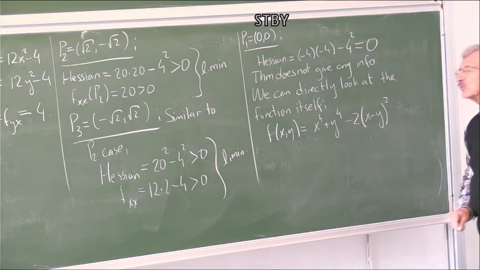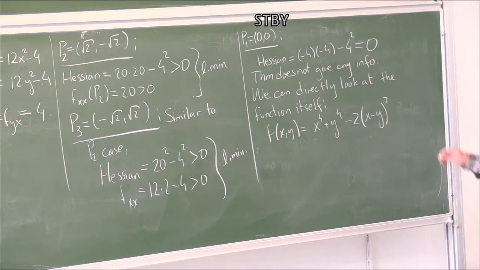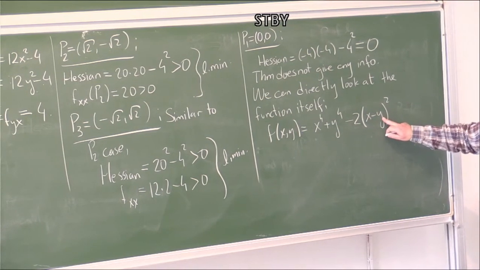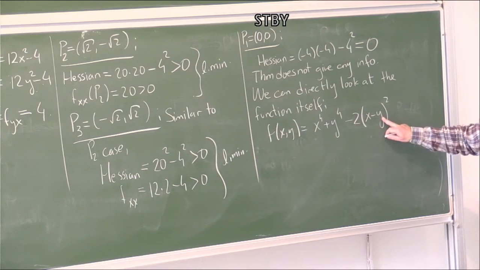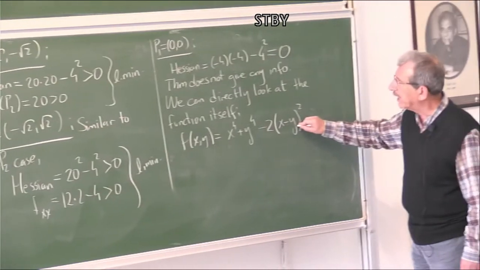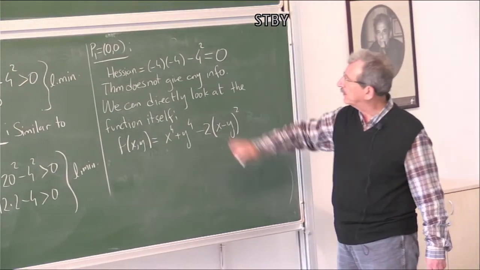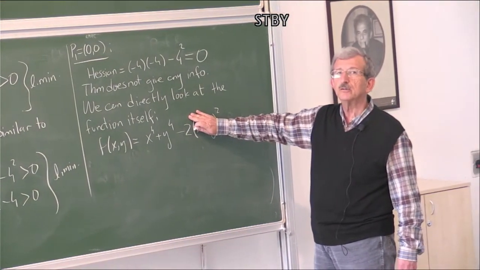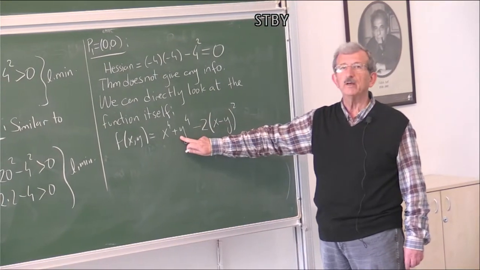Now, after this observation, okay, we have one hint here. Namely, if x is equal to y, if we approach the point 0, 0 from the line x equal to y, this term will vanish. And the rest will be positive.